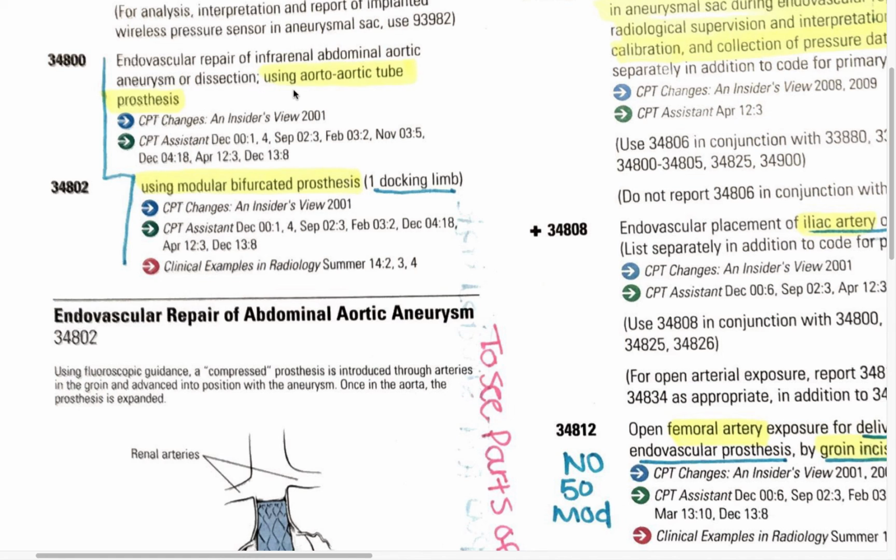And they are using an aortic tube prosthesis. If they are using a modular bifurcated prosthesis, one docking limb, you should use 34802.